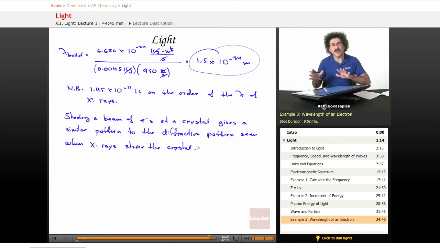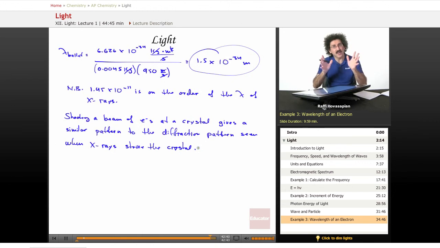When you shine X-rays at a crystal, the spaces in between the atoms actually take the light, which is in the form of X-rays, and diffract it, and it gives you a particular pattern. Light is our general term, right? We're not talking about visible light.